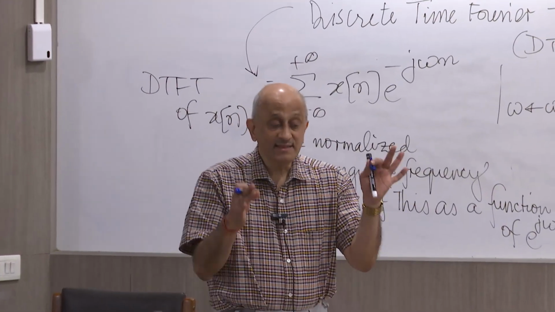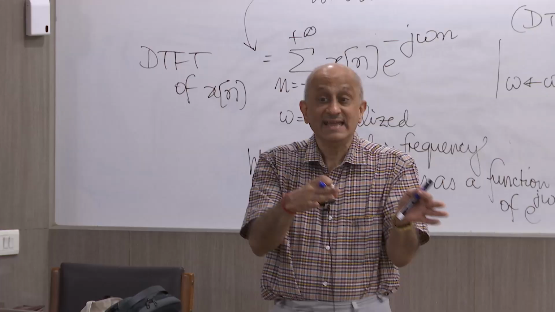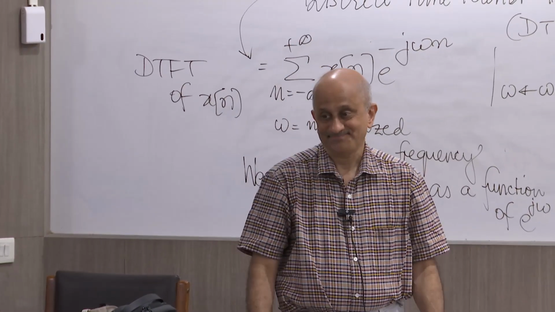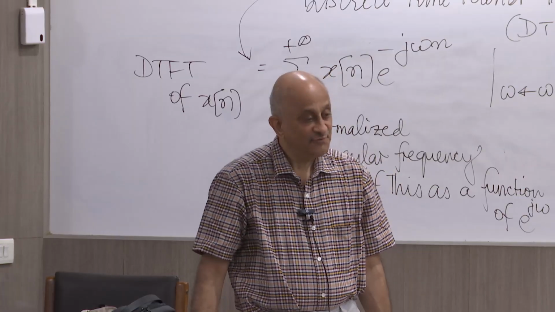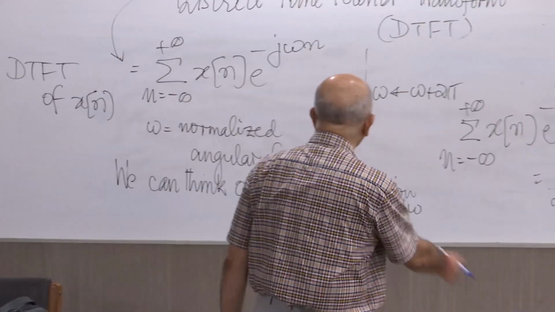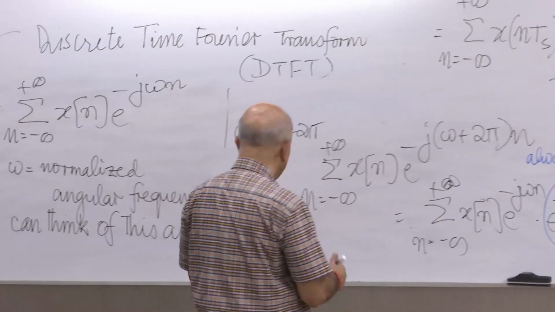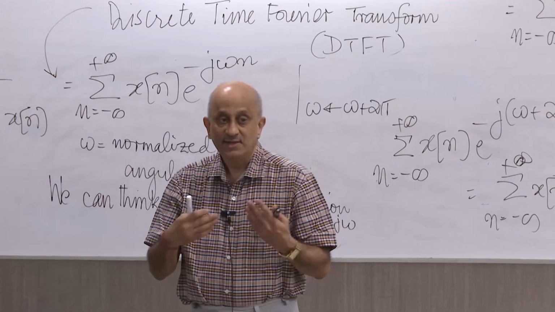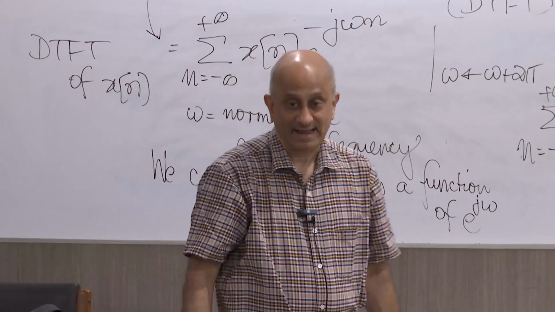That means this expression is periodic in small omega with a period of 2 pi. And therefore, it's also valid to think of it as a function of e raised to the power j omega, because e raised to the power j omega is periodic, with period 2 pi.